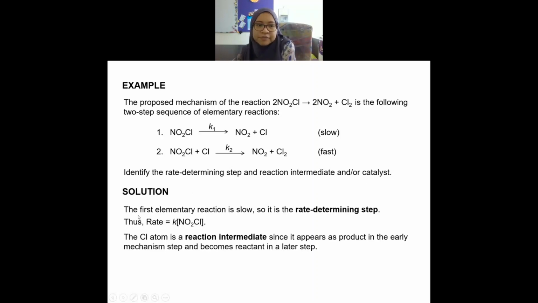So we have two questions here. Identify the rate determining step. Which one would be the rate determining step? Simple. The slow reaction will be the rate determining step. So the first elementary reaction is slow, so it is the rate determining step.